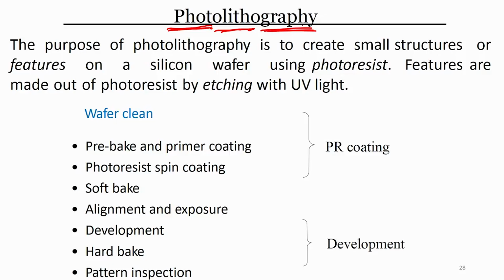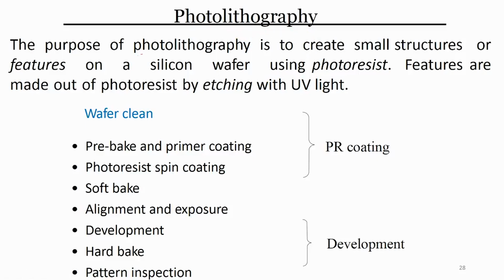This lithograph we have seen in class 1 comes from the word lithos and graphic, that means we are carving a single stone. It is a monolithic single stone, but litho is carving, graphic. So, using photons, photolithography.